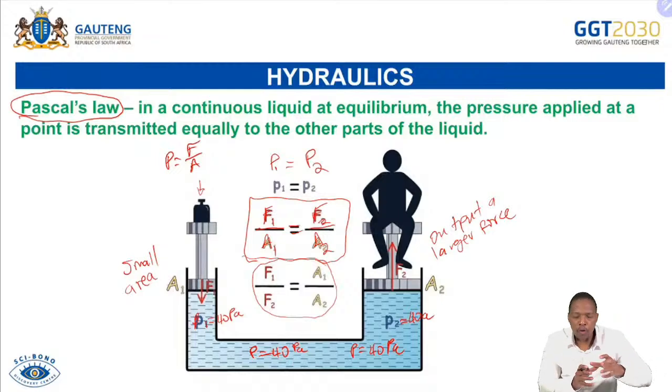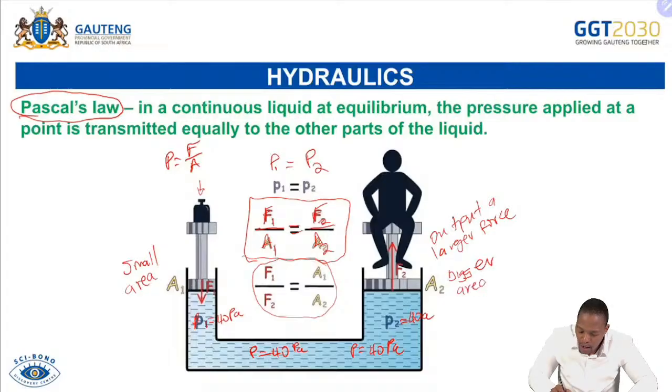That small amount of force will then transmit a force that is equal all over to the point where you have a bigger area. Now, the bigger area will output a larger force. That's why the dentist is able to lift you.